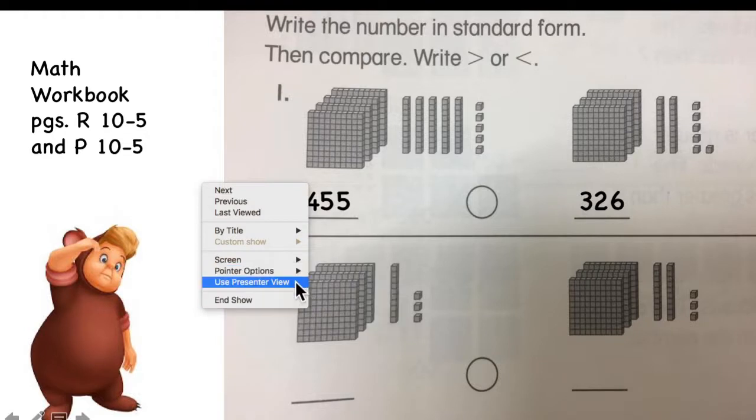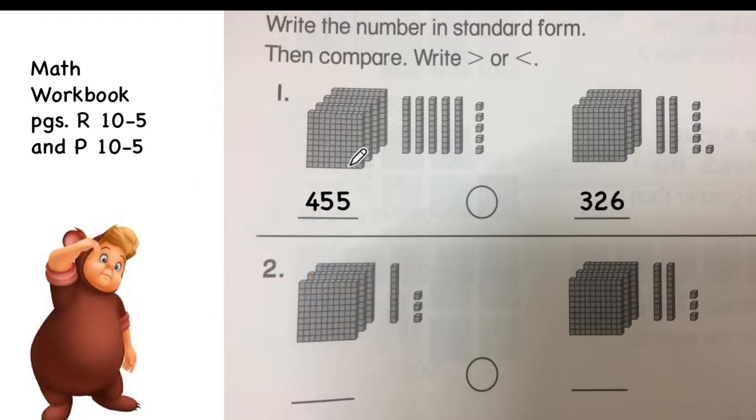Now let's go and compare them, please. As you can see, this one has 4 hundreds. And as you can see, this one has 3 hundreds. So which one is more, 4 or 3? Which one is greater, 4 or 3? Which one is the bigger number, 4 or 3? 4 is greater.